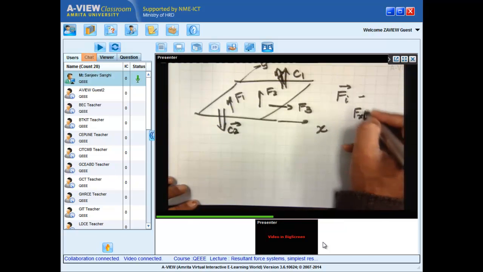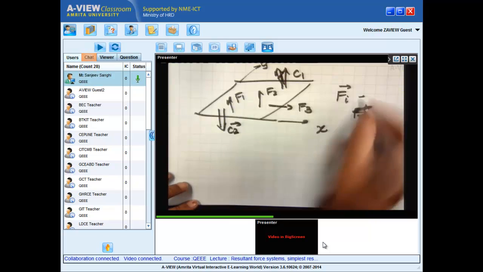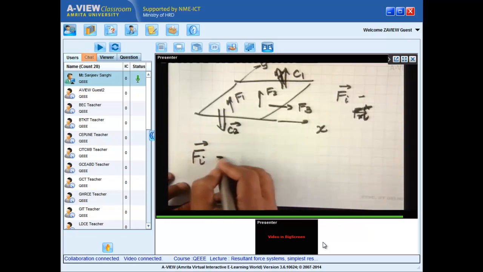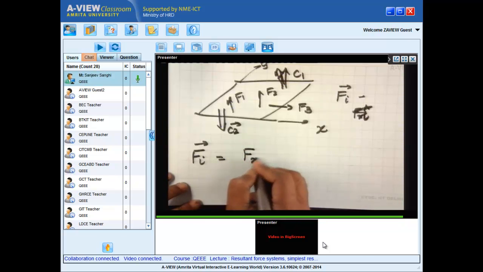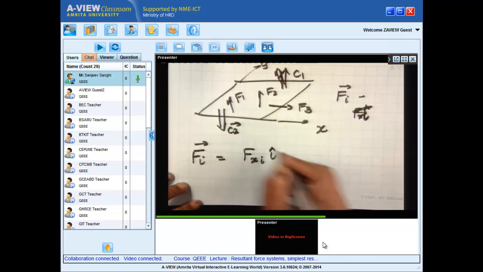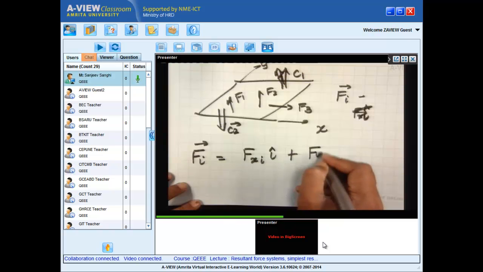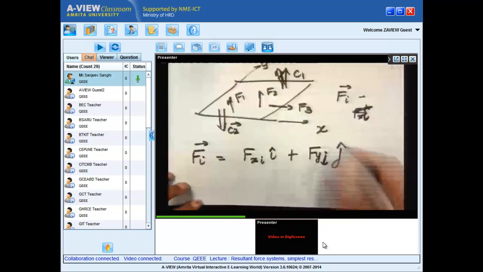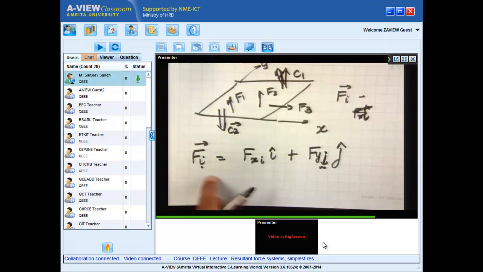Force Fi, let me write it again, there are two i's here. Fi will be equal to F sub xi along i plus F sub yi along j. This i represents a particular force, so it could be 1, 2, 3. So F1 will be Fx1 i plus Fy1 j and so on.